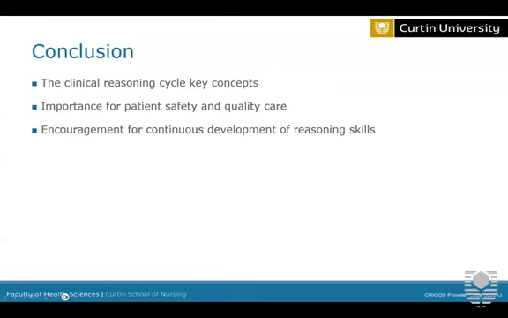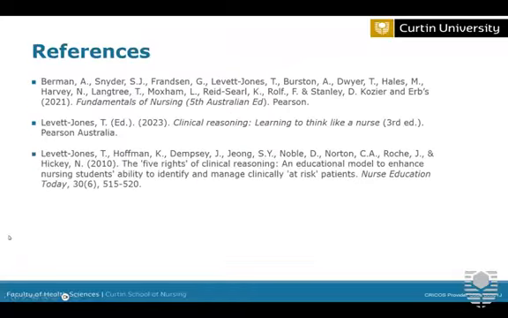The other thing is that you will always be developing these reasoning skills. The more exposures you have in the clinical area, the more you learn from. So that's a great thing. Here are some references that you can actually access, and I look forward to discussing this cycle in the classroom with you.